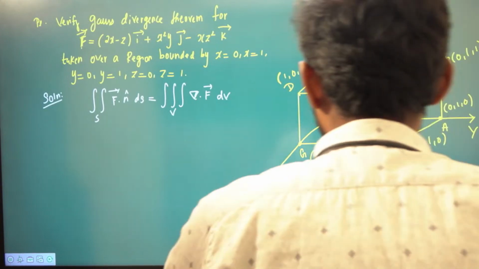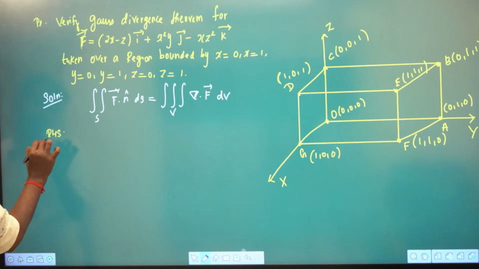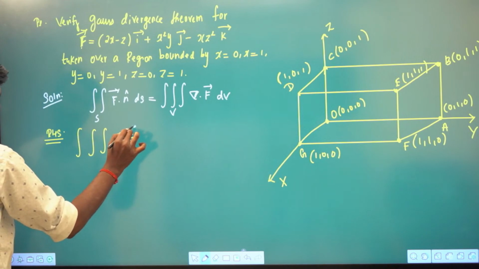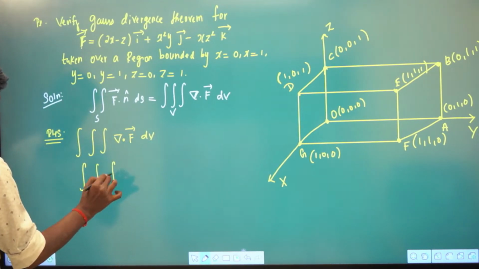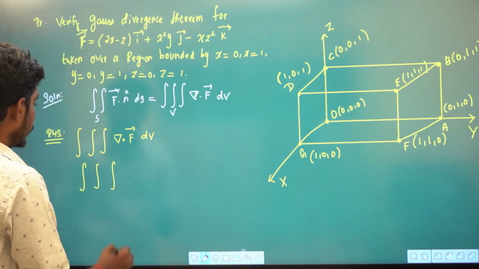Now we will find the triple integral over V of del dot F vector dV. So what is del dot F? You just have to take the divergence.